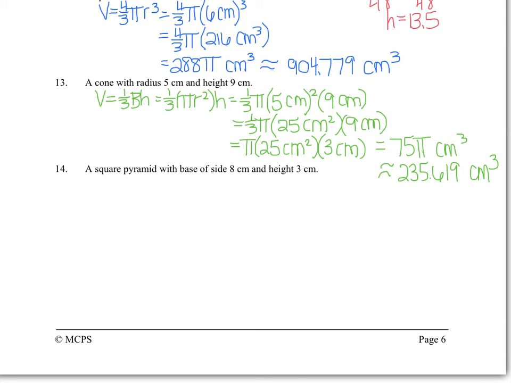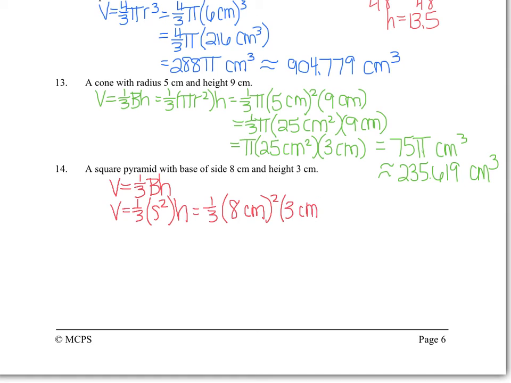For question 14, we have a square pyramid with a base of side 8 centimeters and height of 3 centimeters. So my volume again is going to be 1/3 area of the base times the height, but my area of my base is going to be my side squared times my height. So this is going to be 1/3 times 8 centimeters squared times my height of 3 centimeters.